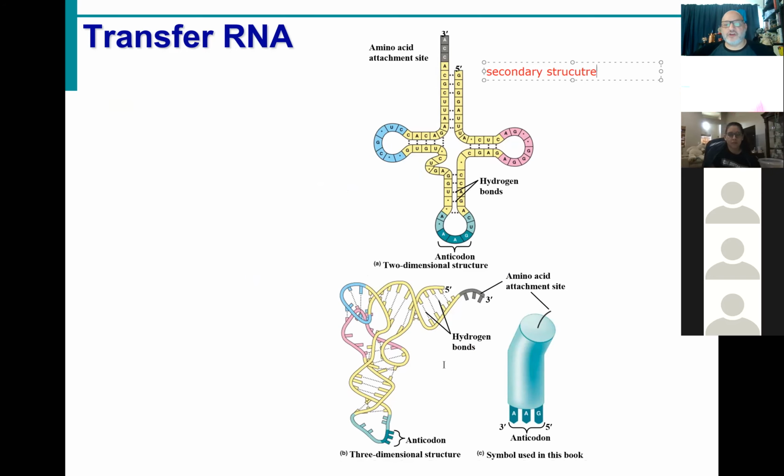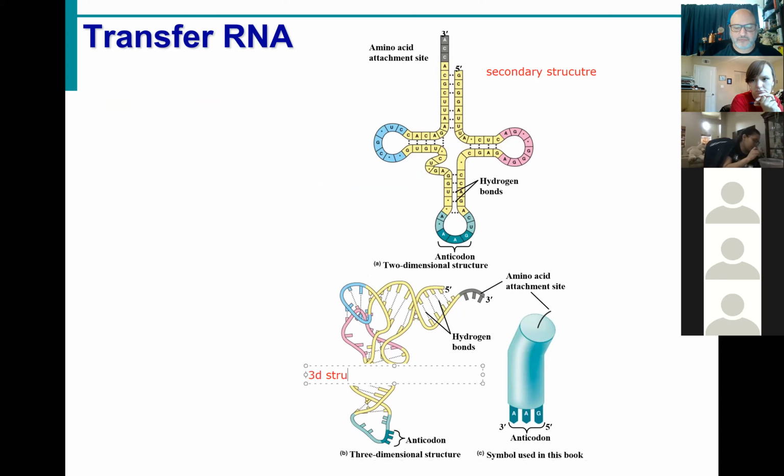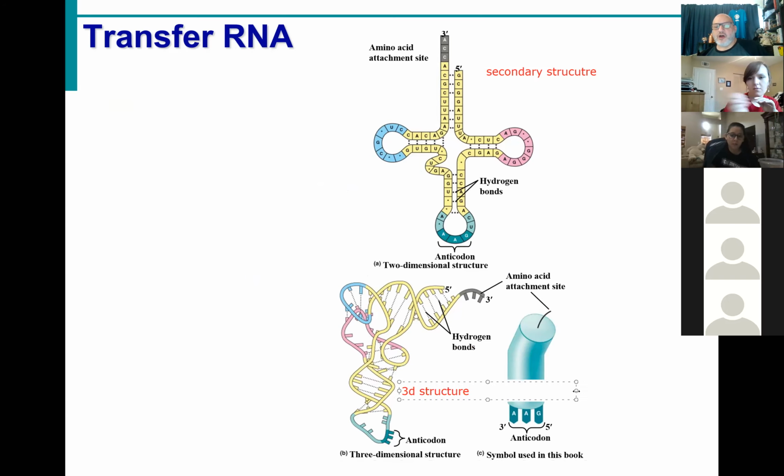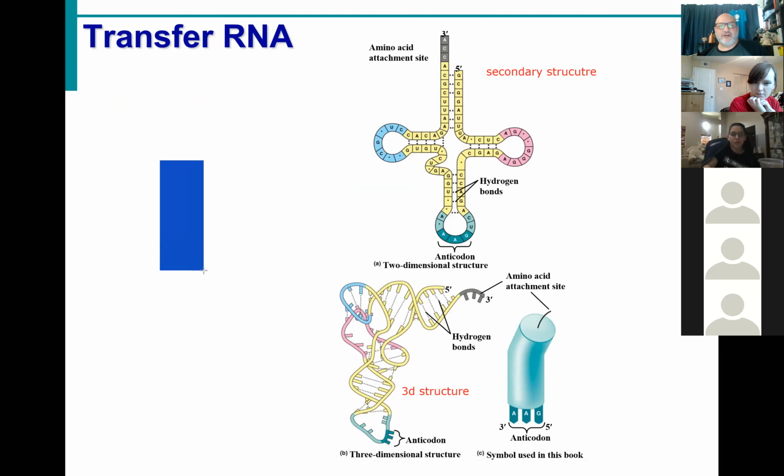This secondary structure then folds up into our 3D structure. I'm not going to make you draw this or recognize this. However, usually when we draw the transfer RNAs, it is as a tube. But there are two key components to this transfer RNA.